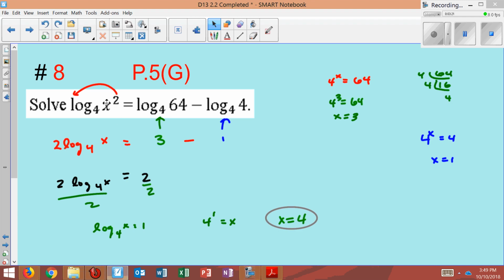Now we need to ask ourselves, can I have a negative logarithm? Because that will throw off the problem. The answer is, on this one, though it looks good when you move the 2 over, if it's in this form, you cannot have a negative logarithm here. That would be impossible. So we're actually going to say that negative 4, I would treat it as extraneous. It just depends on how you view this.